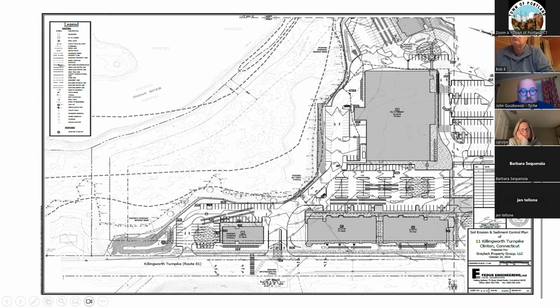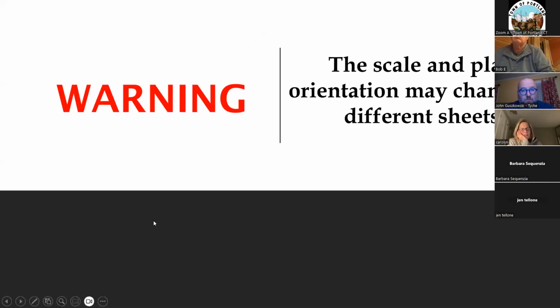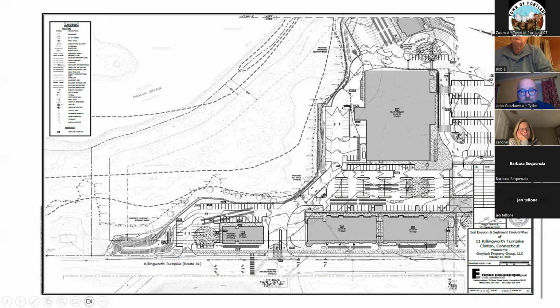Over here on the north end of the slide, right alongside Route 81, does anyone know what this represents? Is that the flow of the traffic? No. So here's 81. Here's one driveway, and there's a driveway up the middle here.